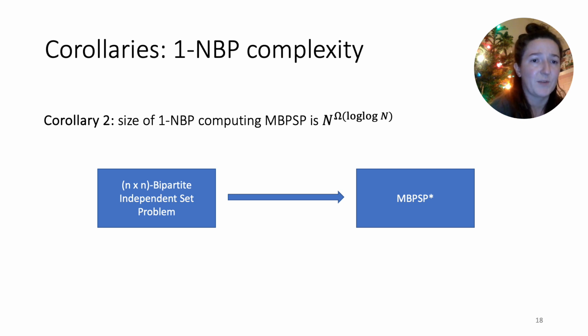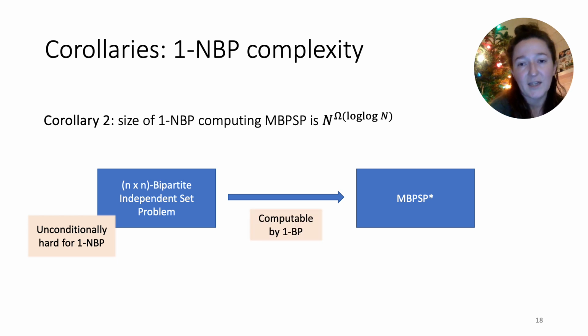We start with the bipartite independent set problem, and we look at its reduction to MBPSP star. From our previous work, we already showed that BPIS is unconditionally hard for read-once non-deterministic branching programs, and that reduction, originally introduced by Rahul Ilango, was also computable by a read-once branching program.